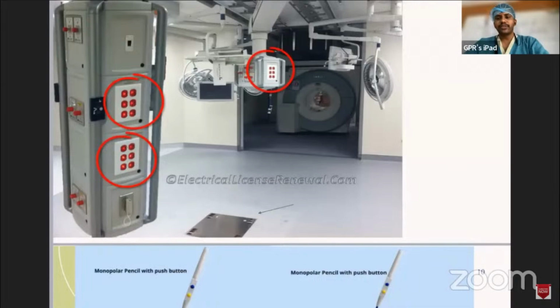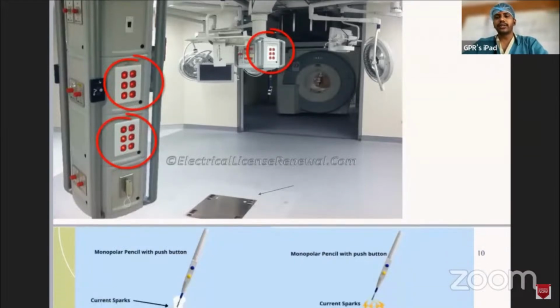Whenever there is any seepage of current through the body, the table itself will act as the receiving medium, which in turn will ground to this conductive tile. So whenever we see an operation theater, the center of the operation table will have this particular circuit, not just to fix the table in situ, but also with a conductive tile next to it, to make sure the conduction or grounding is happening.